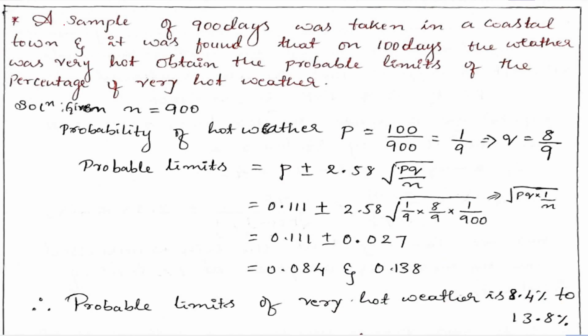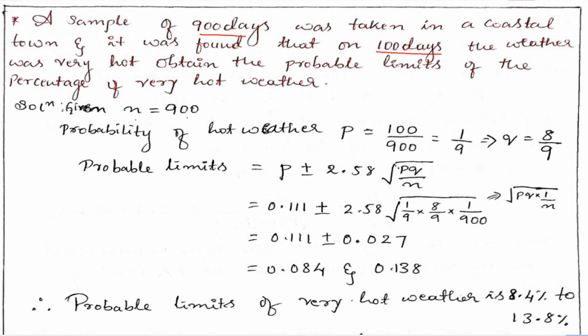Moving on to the next problem. A sample of 900 days was taken in a coastal town, and it was found that on 100 days the weather was very hot. Obtain the probable limits of the percentage of very hot weather. So this is another category of problems under large sample.